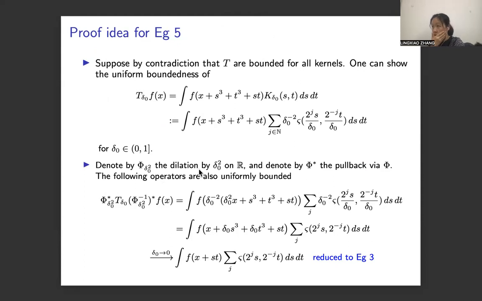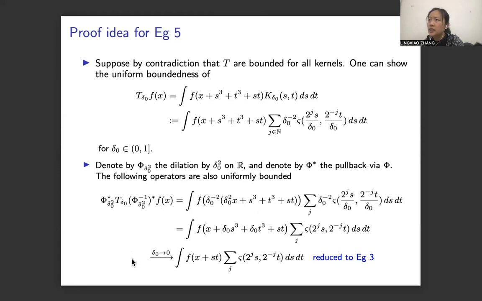And in fact, unlike in this very concrete example, where we have gamma equal to x plus s cubed plus t cubed plus st, in general, we have to decide for every possible case how to find an appropriate dilation to make the following reduction process work.